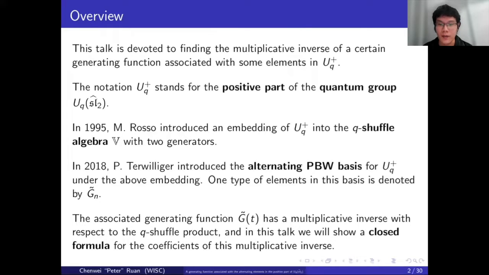One type of the elements in this alternating PBW basis is denoted by tilde G sub n. And the associated generating function tilde G of t is actually invertible. It has a multiplicative inverse with respect to this q-shuffle product. And in this talk, we'll give a closed formula for the coefficients of this multiplicative inverse.